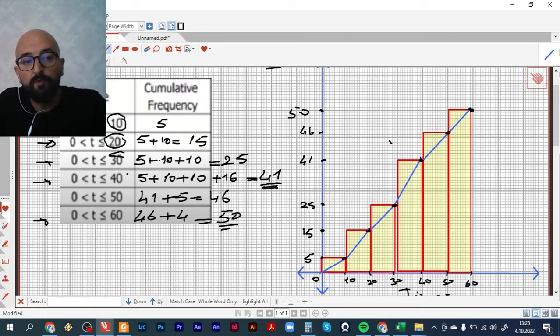But if you want to draw the graph as a curve, you draw a curve like maybe this one, or maybe like this.